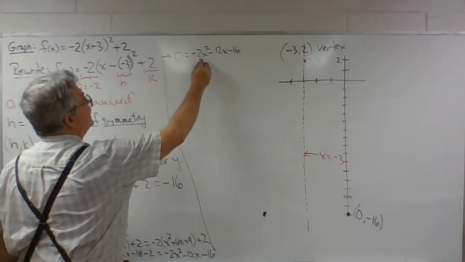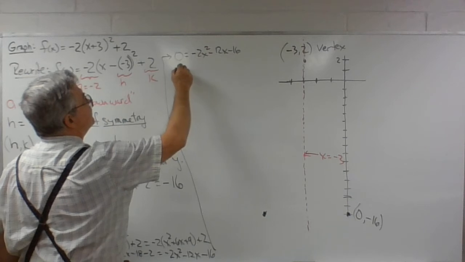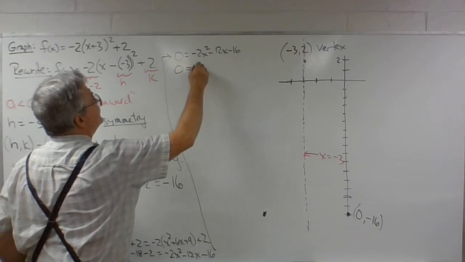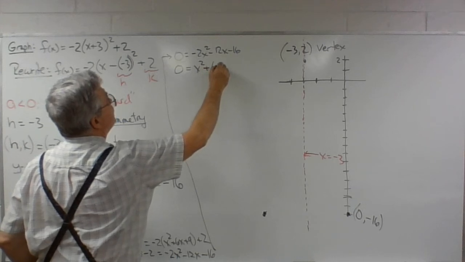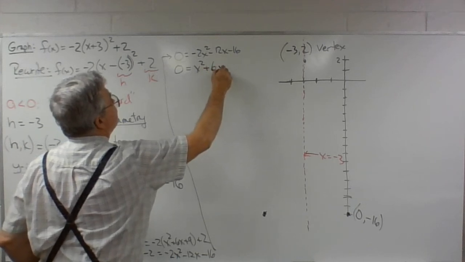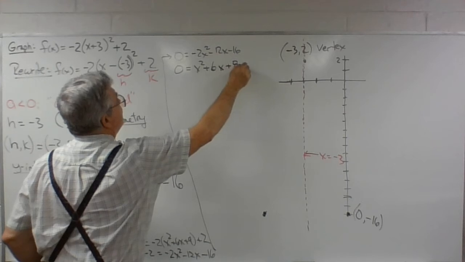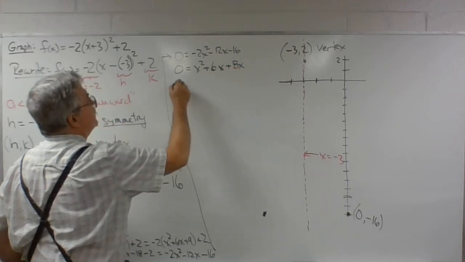And if we divide both sides by negative 2, 0 equals x squared plus 6x plus 8. Holy moly.